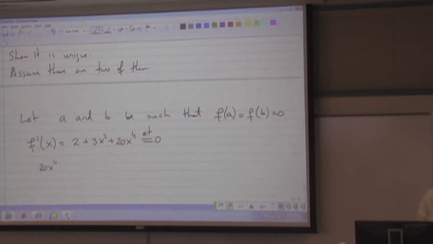How do I solve 20x to the fourth plus 3x squared plus 2 is equal to 0? Well, again, bring back your pre-calculus knowledge, assuming you still have it.